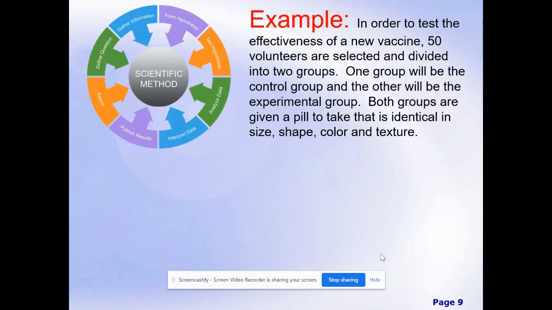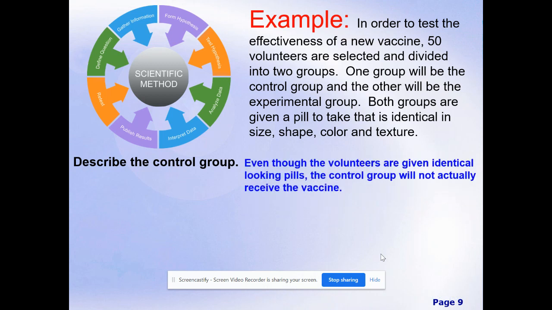For example, in order to test the effectiveness of a new vaccine, that means to see if the vaccine works, 50 volunteers were selected and divided into two groups. One group will be the control group, and the other will be the experimental group. Both groups are given a pill to take that is identical in size, shape, color, and texture.